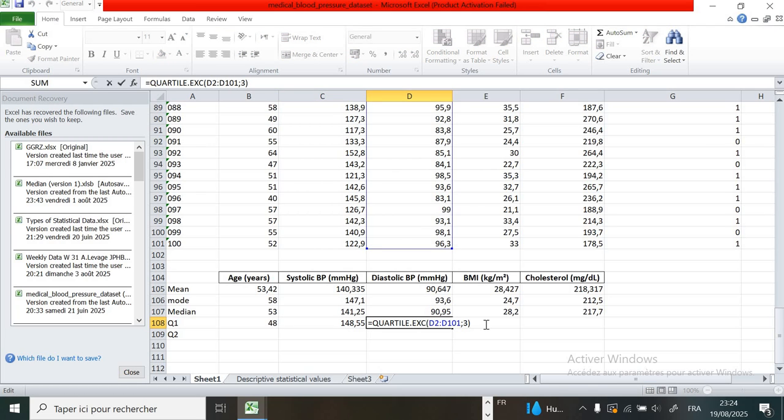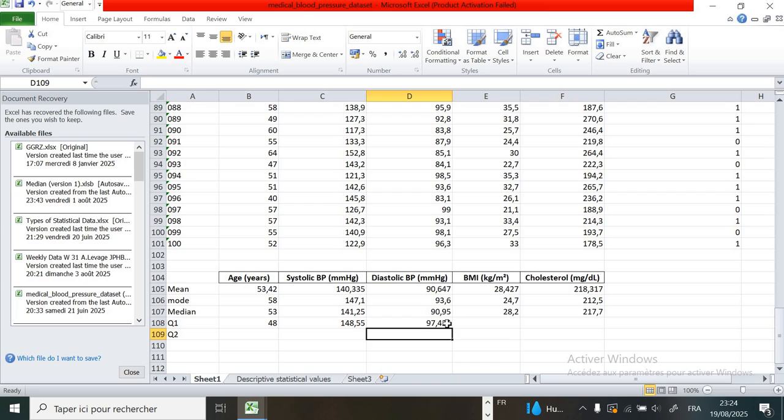We select the quartile and generate it, the same here. Diastolic is 97.425. BMI is 30.77.